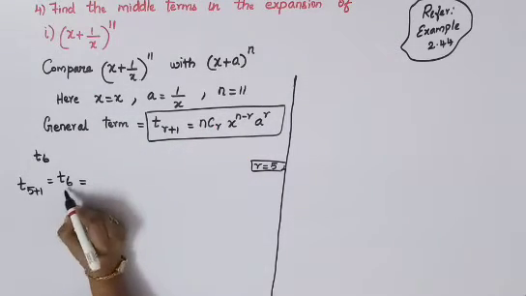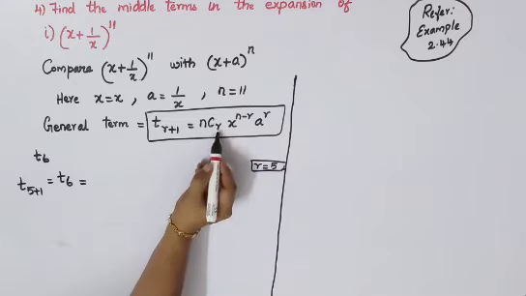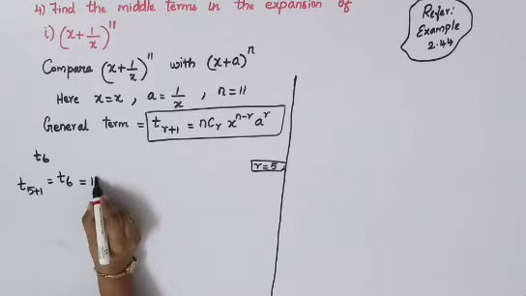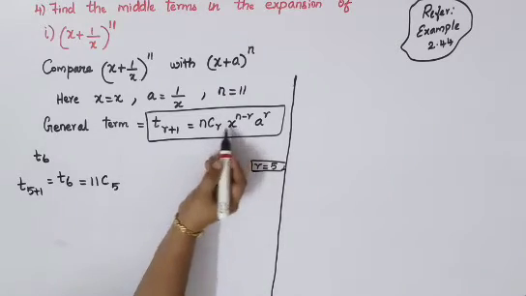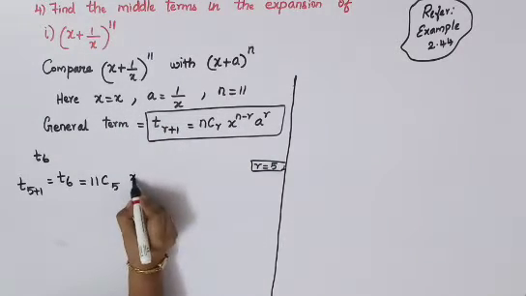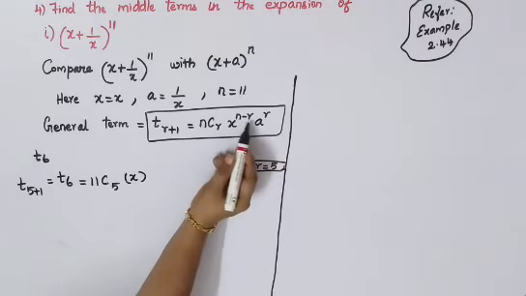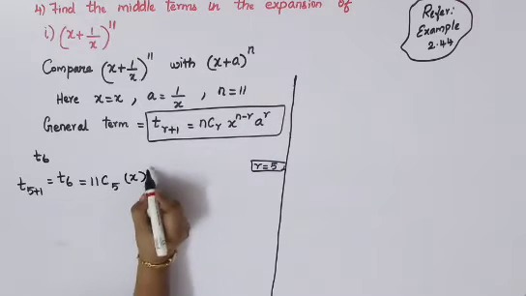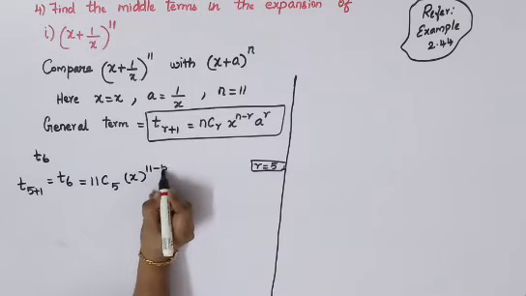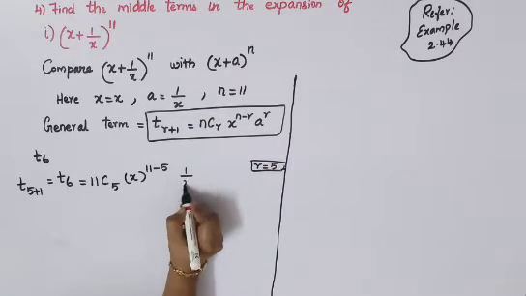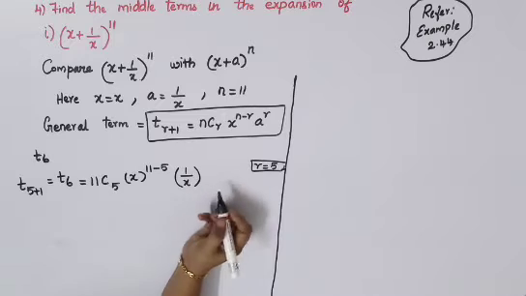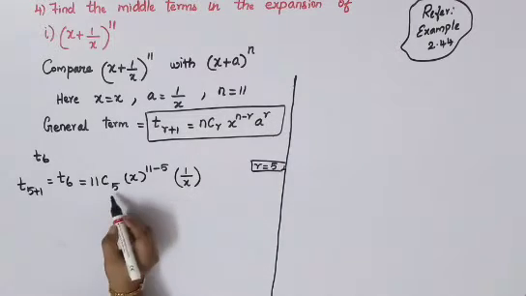T6 is equal to nCr, n is 11, r is 5. In the place of x we have x only, so x to the power n minus r, that is 11 minus 5, and a is nothing but 1/x, within the bracket, to the power r, which is 5.